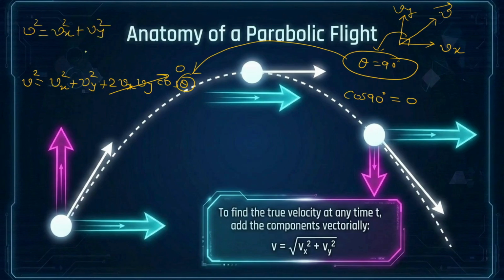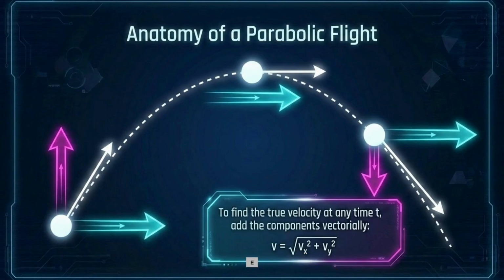When you find the value of v, you will get the square root of vx square plus vy square. So if you want to find the resultant, you need only the vx component and the vy component. I hope you understand this kind of trajectory of a projectile.